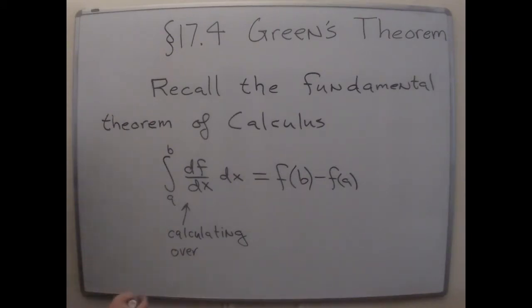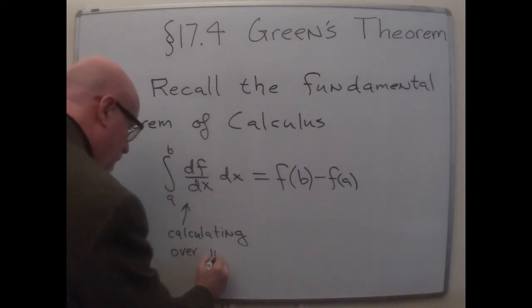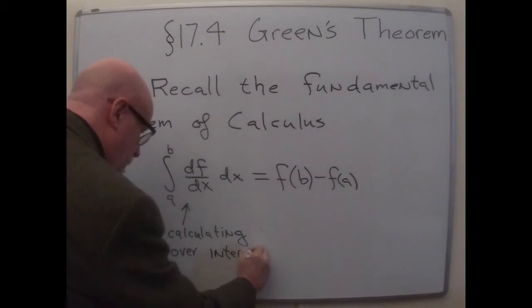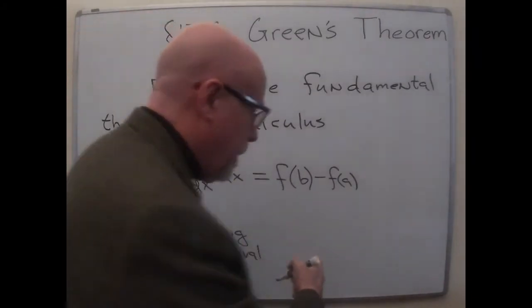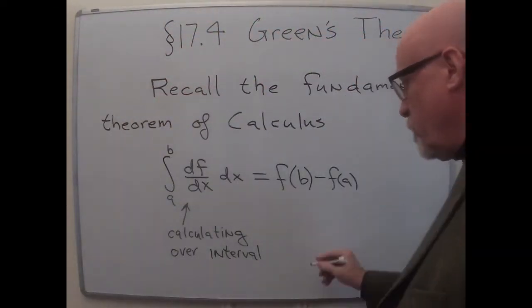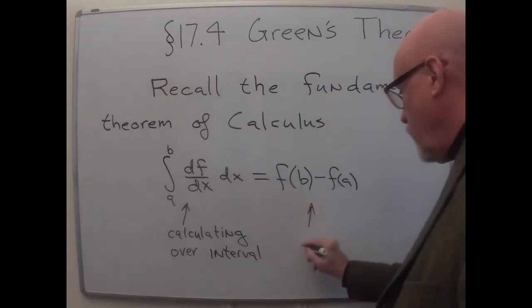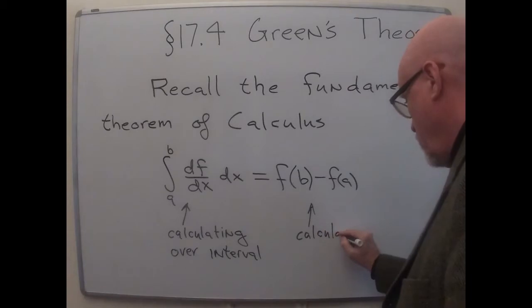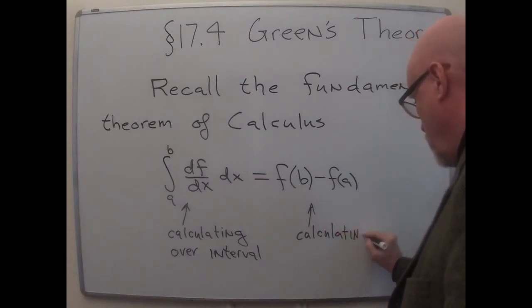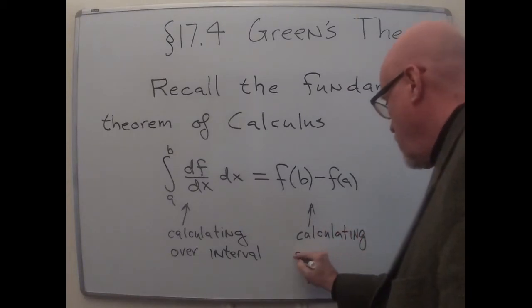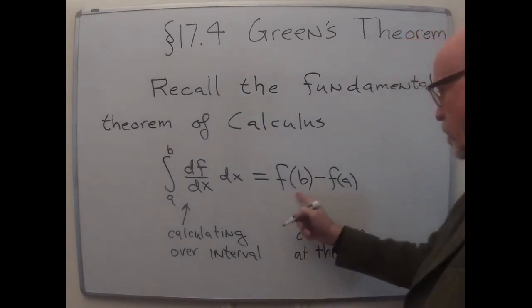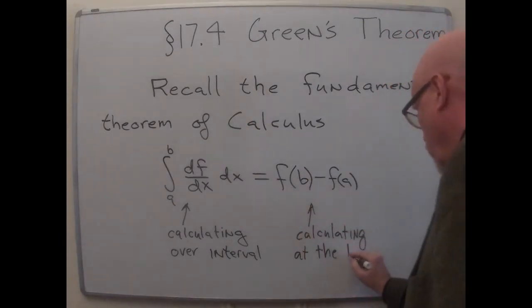That whole business. Anyway, it's all happening over the entire interval, the interior as well as the endpoints. But on this side, when you do f of b minus f of a, you're calculating only at the boundary of the interval. In this case, I should say boundaries, because there's two ends to an interval.